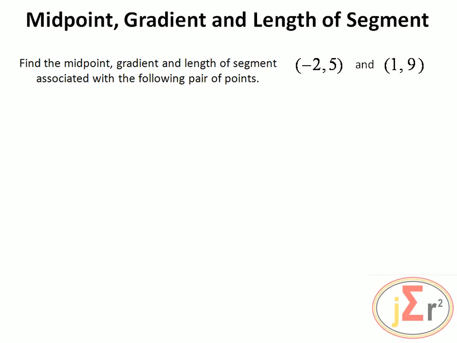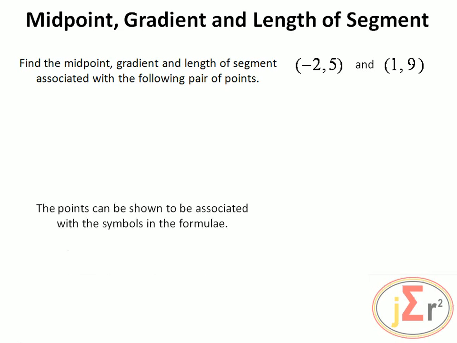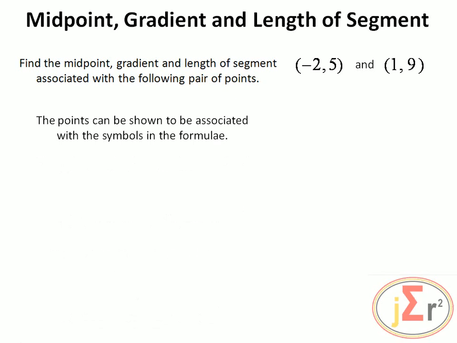So we have 2 points on a line right there. Now, we may just look at them and be able to insert the numbers into the equations. But let's see if we can take a more systematic approach to it. The points can be shown to be associated with the symbols in the formulae. So put the symbols there that are in the formulae.